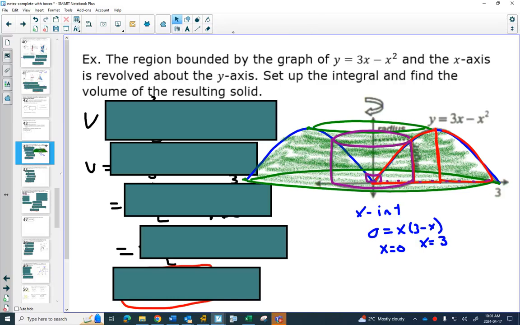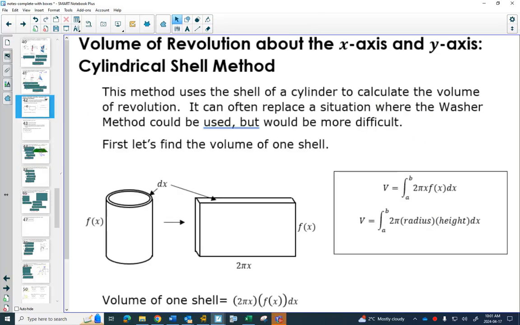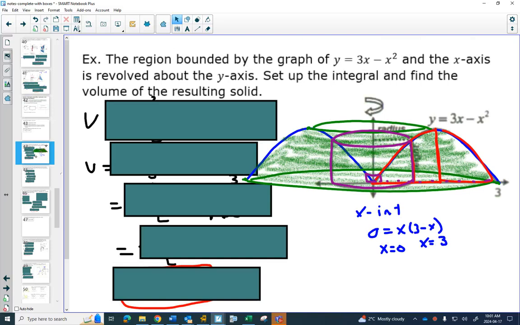So going back to our first slide, this is what one cylinder looks like. The volume of one cylinder is just the circumference, which is 2 pi times the radius. And the radius, if you're going around the y-axis, always happens to be whatever your x-coordinate is.